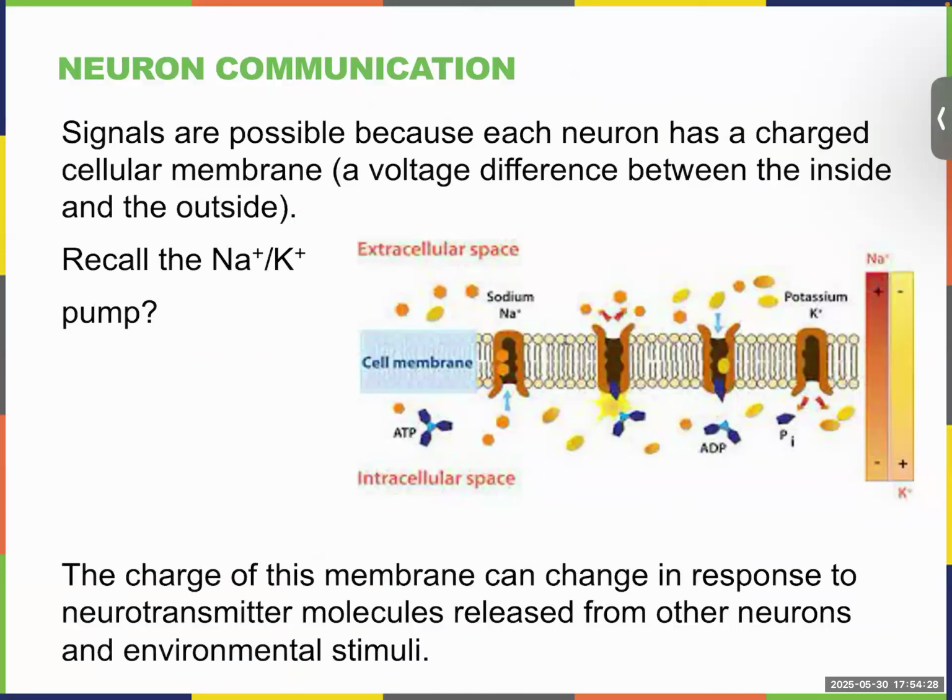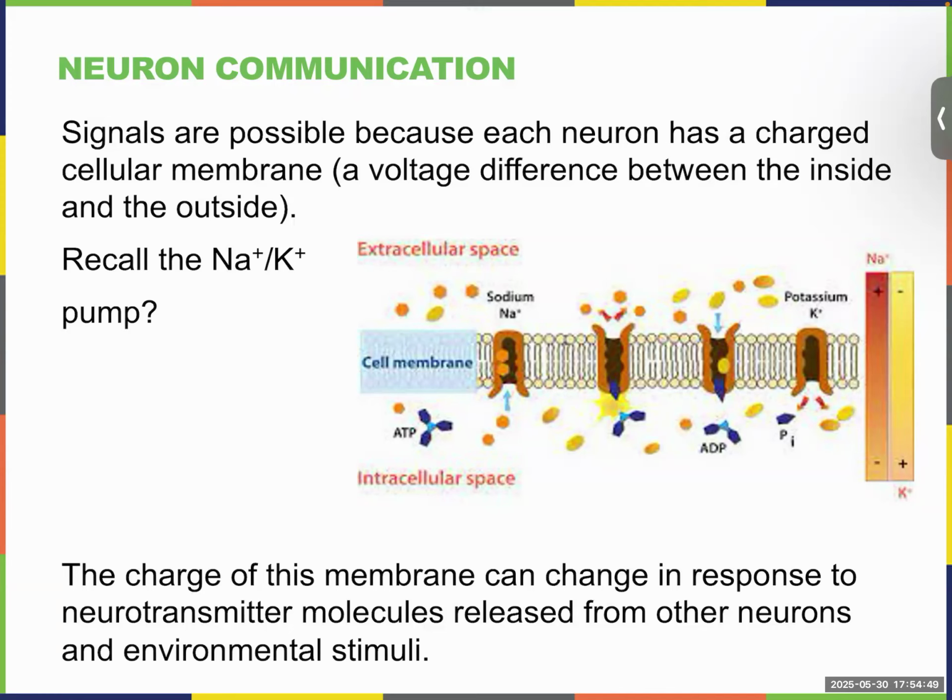Neurons communicate with each other and muscle cells, and these signals are possible because each neuron has a charged cellular membrane. Earlier in the semester, we talked about the sodium-potassium pump, which is shown here, which always has 3 sodiums go out as 2 potassiums go inside the cell.